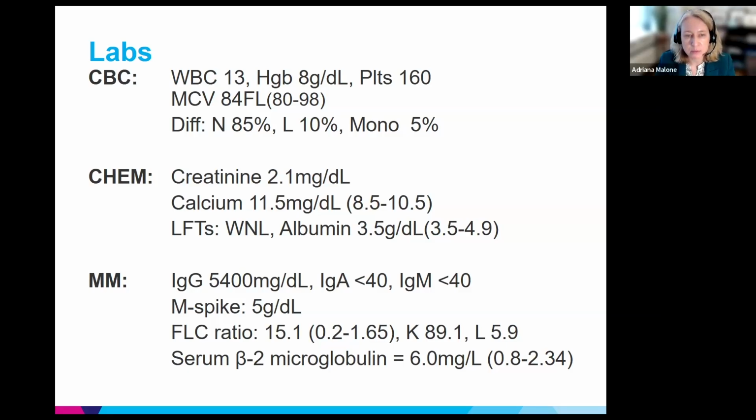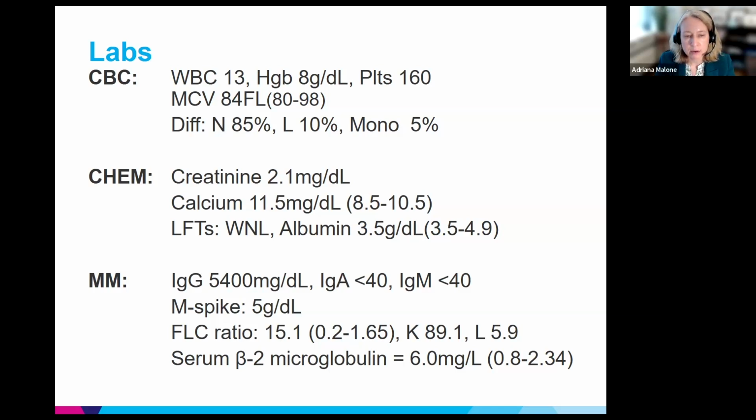Non-malignant conditions in which beta 2 microglobulin may be elevated include chronic inflammation, liver disease, renal dysfunction, as well as some acute viral infections. Malignancies such as multiple myeloma and lymphoma are often associated with an elevated beta 2 microglobulin.